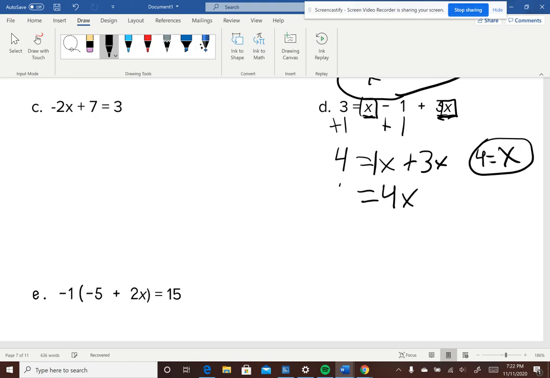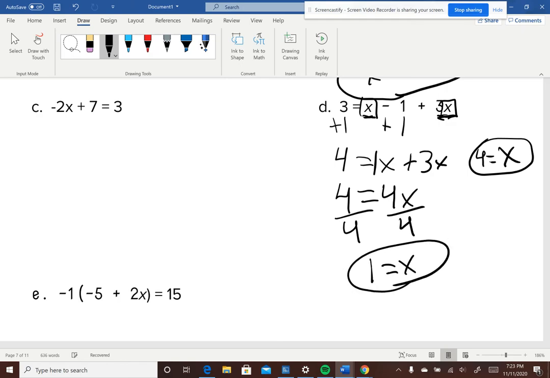And we combine like terms equals 4. And then we divide both sides by 4 to get x by itself, right? It's the opposite of multiplying by 4. So now here we have 1 equals x. And if we were to plug that in for x here and plug it in for x here, we will see that we will get 3.